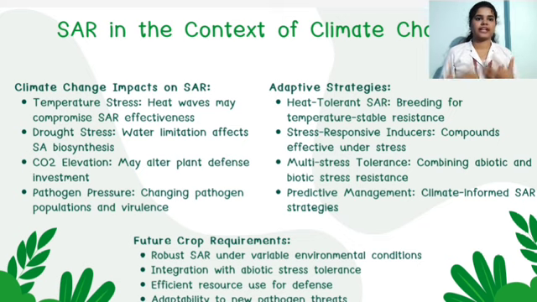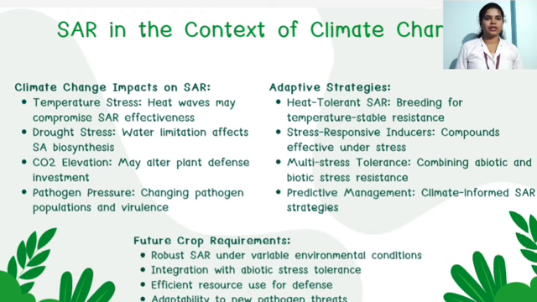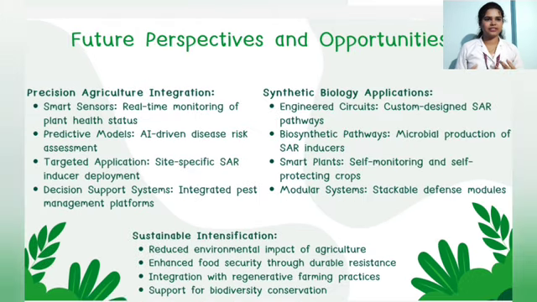Therefore, future strategies aim to breed heat tolerant crops and use stress responsive systemic acquired resistance inducers. Future perspectives: in the future, precision agriculture tools like smart sensors, synthetic biology for engineered systemic acquired resistance circuits, and climate resilient strategies will play a big role.